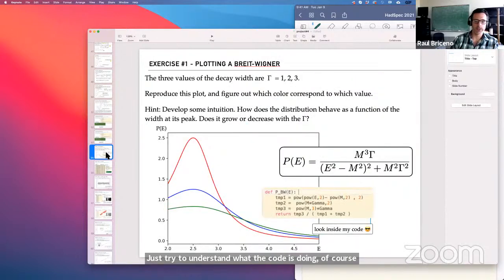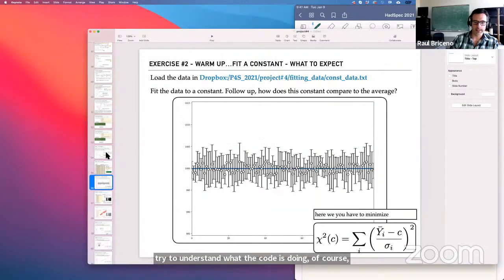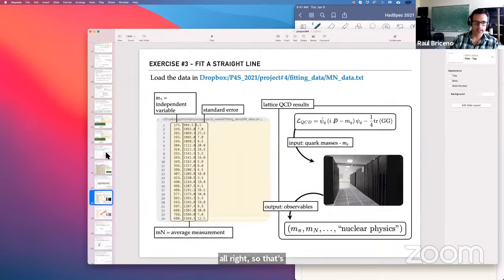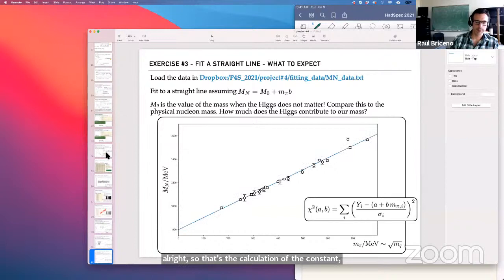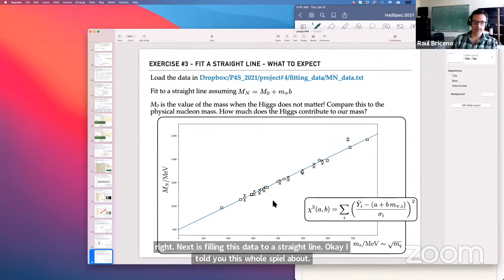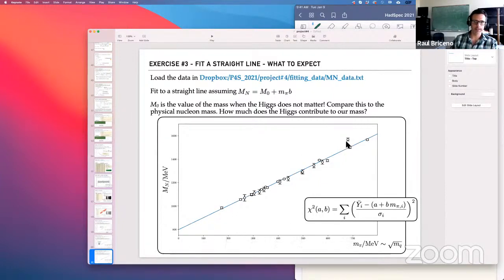All right. So that's a calculation of the constant. Next is fitting this data to a straight line. I told you this whole spiel about quark masses and Higgs and so on, but all you're really doing is just fitting to a straight line. I was just giving you a motivation to fit a straight line. Here the data is the black points.